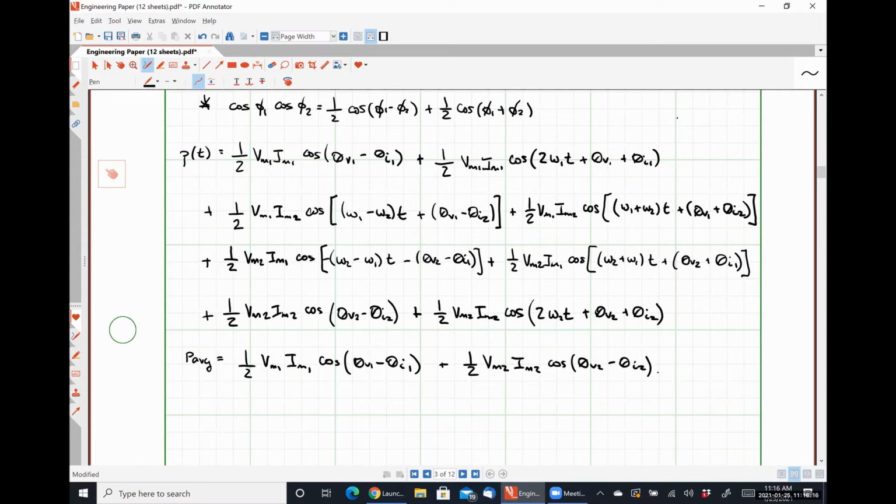So the average power kind of acts like it's obeying superposition even when it shouldn't, and it's because we're specifically taking the integrals over integer values of the period. Okay. So this is multi-frequency power in a nutshell.